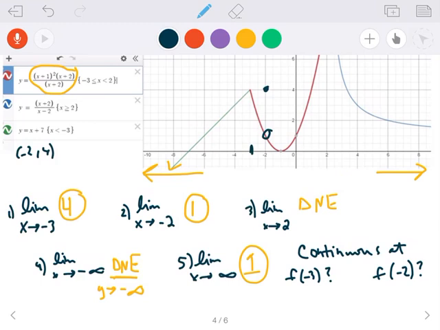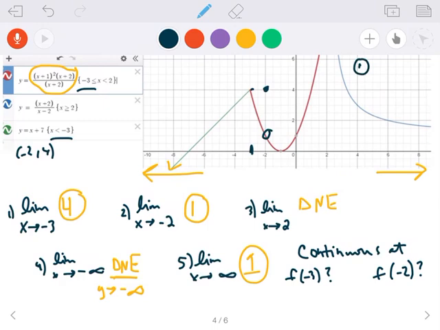At negative 3, the green line does not have a value because it's less than negative 3. The red graph does have a value at negative 3 because it's equal to, and the value appears to be the same. And so even though it makes an abrupt turn, the idea of using the pencil test tells us that it's continuous. But in this chapter, we have 3 criteria we have to meet for continuity.